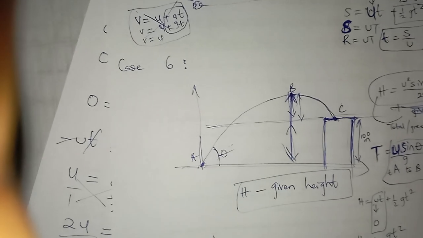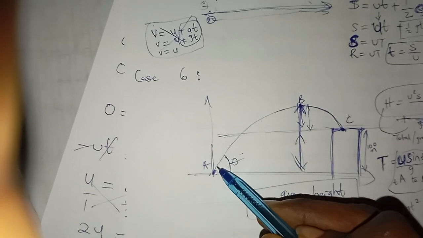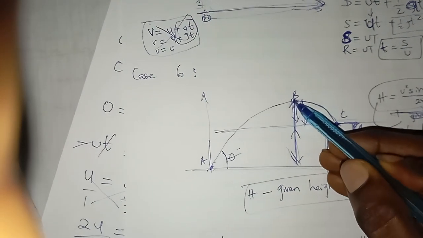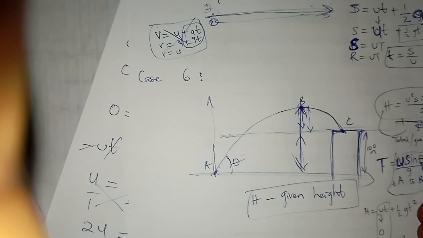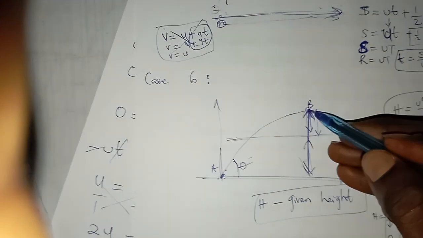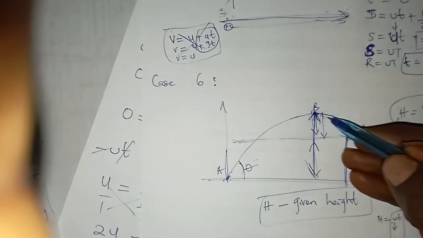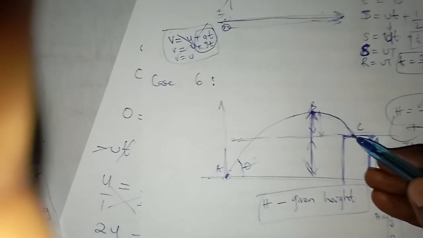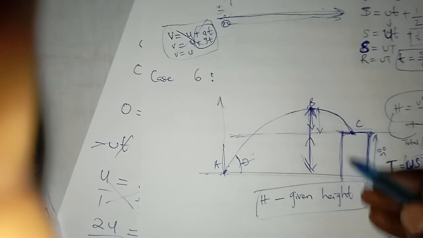Then once you get it, to get now the total time taken, you do time to reach this maximum height, which is u sine theta over g, plus, notice that it did not land again to complete it, so plus the point where it landed here. So you subtract this one out, which is the given height.